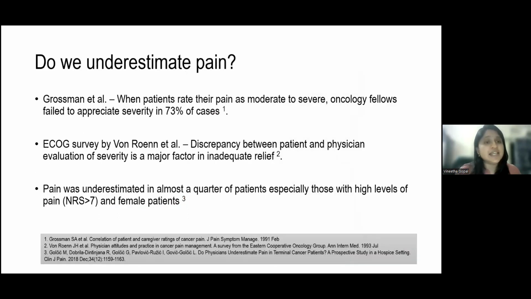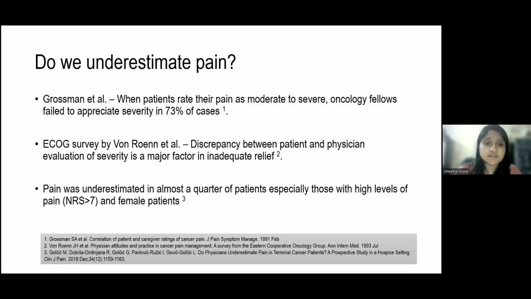There are so many studies, but one study has quoted that whenever patients rate their pain as moderate to severe, the oncology residents fail to appreciate severity in 73% of cases. Again, in more than 70% of cases, the severe pain was not assessed correctly.